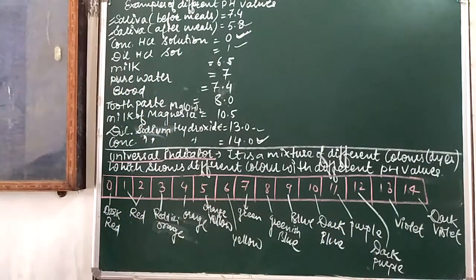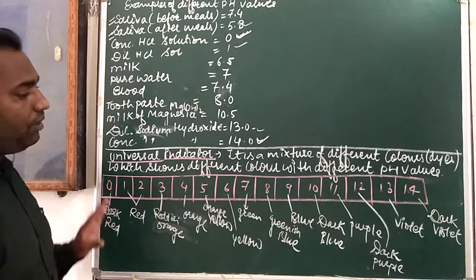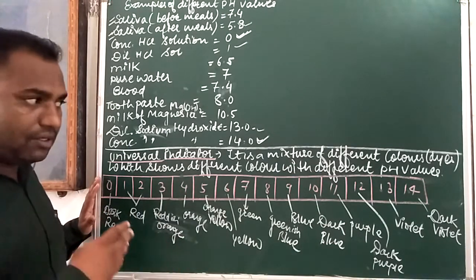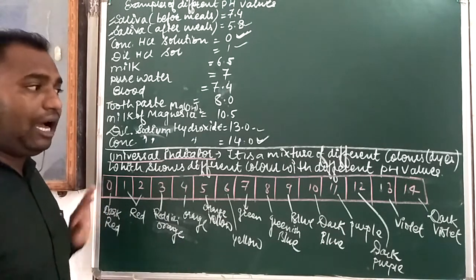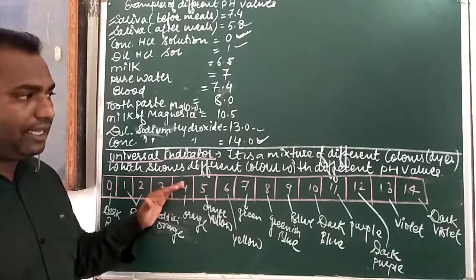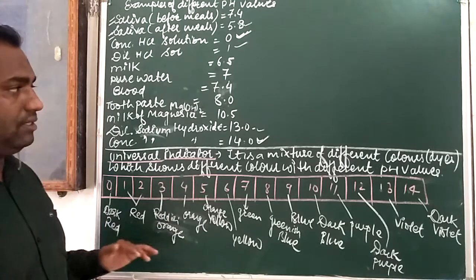So this is the chart for showing how the strength of any acid or base is indicated by their different colors.